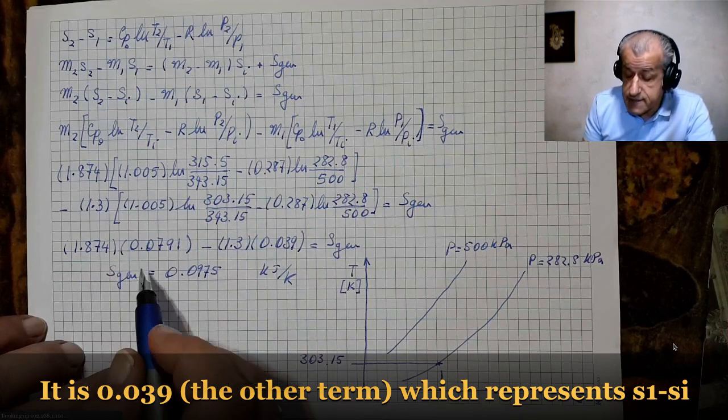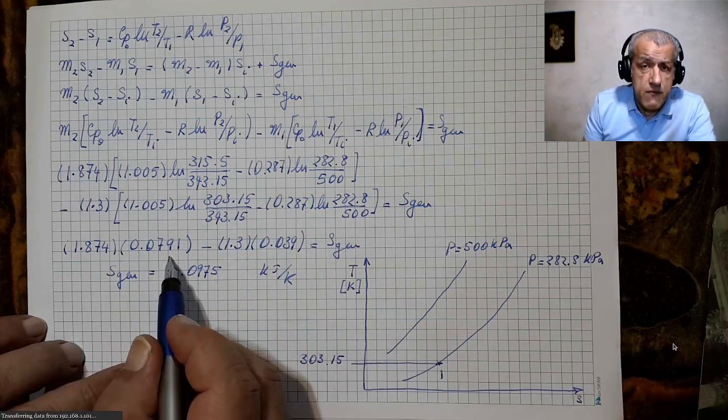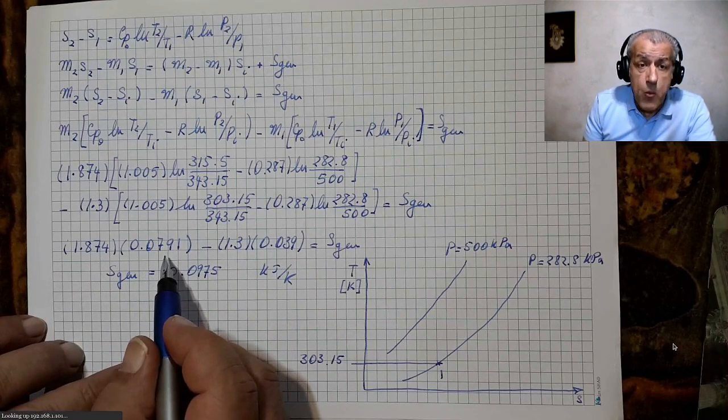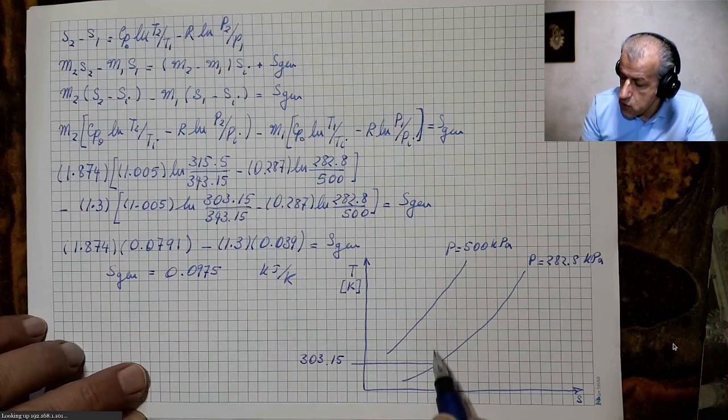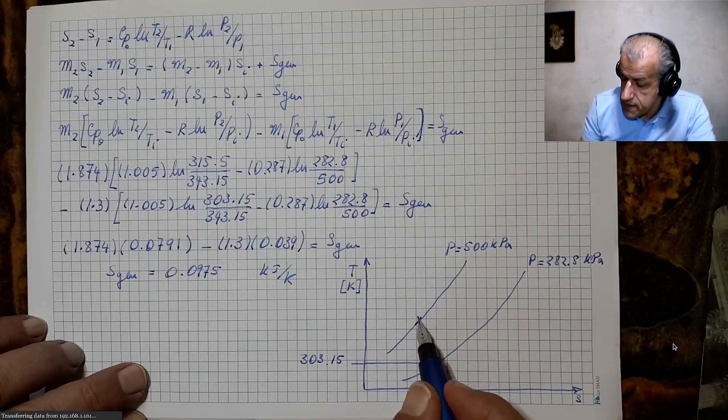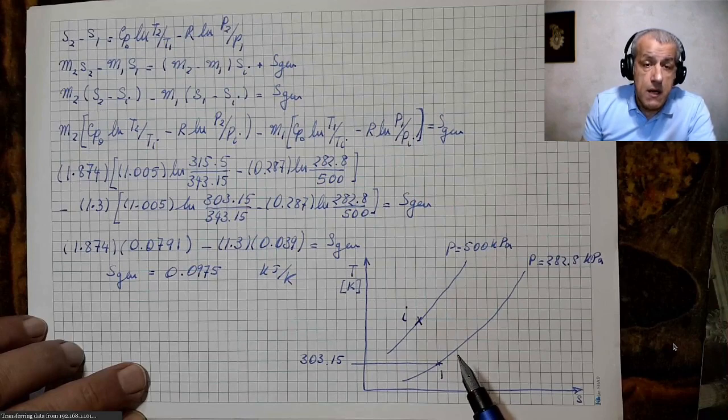And as it is positive, we know that 1 has larger entropy than I. So if this is 1 and has larger entropy than I, then this would be I with smaller entropy.